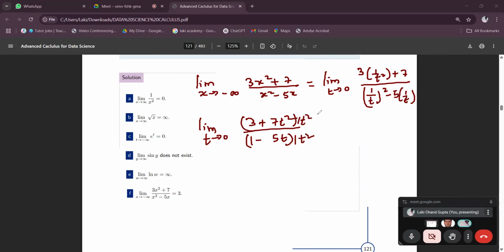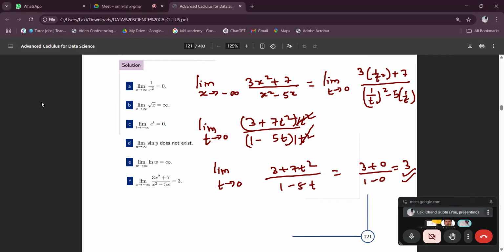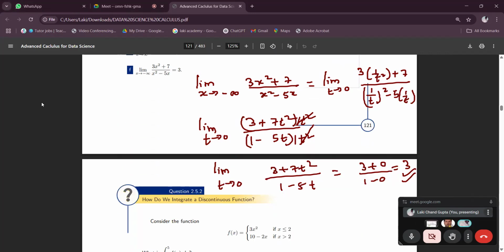T square cancels. Put the value of t, and you get the same answer. So both methods are very useful. You can use any one of them. You will get the same answer, right?